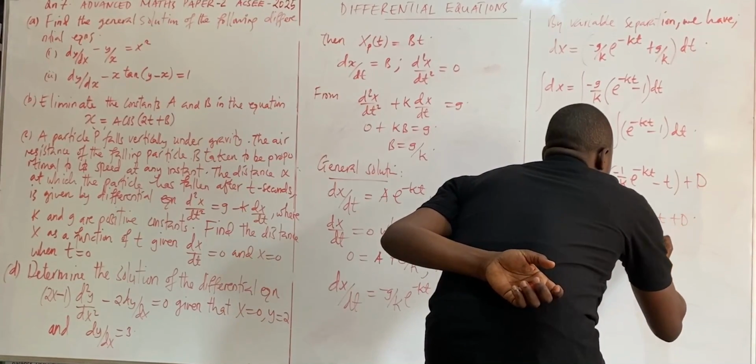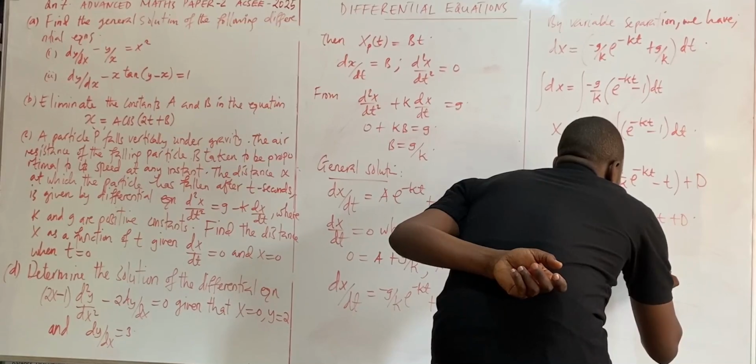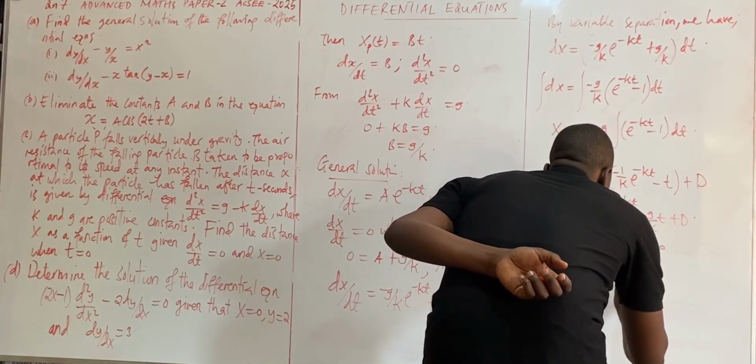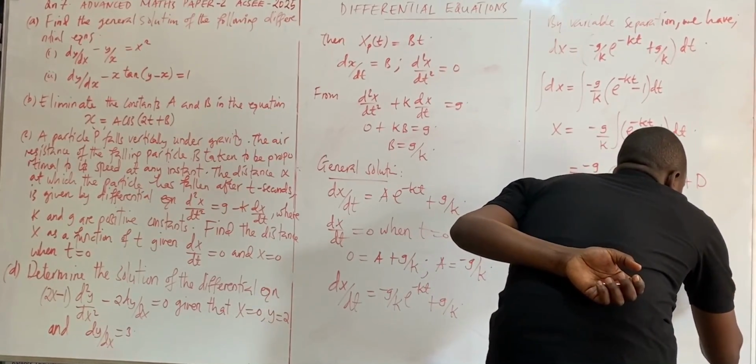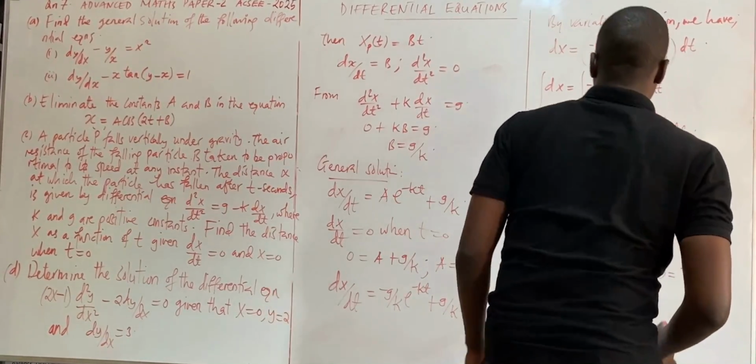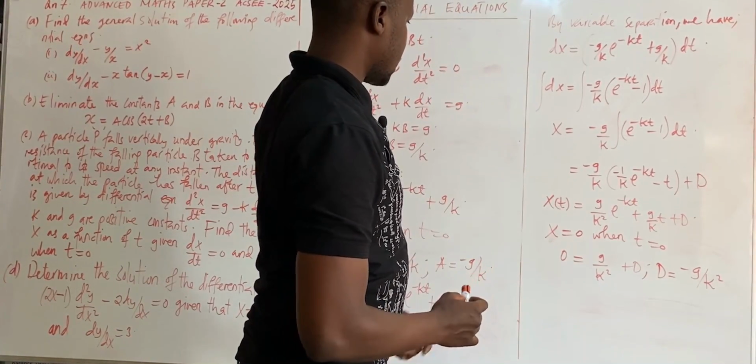Now here, when this is 1, it will be 1. Then here now will be 0. Then we plus d. It means the value of the constant d will be negative g over k square.